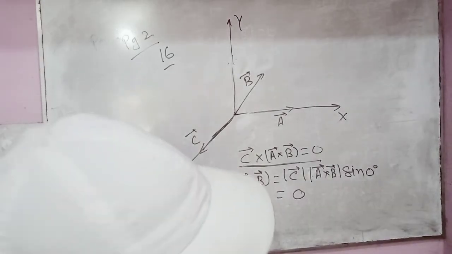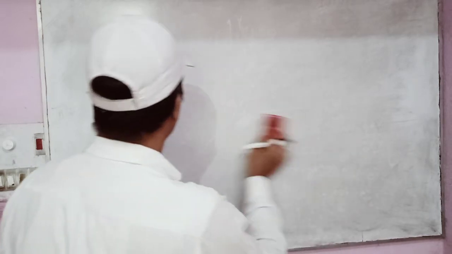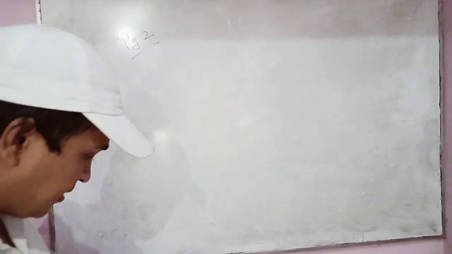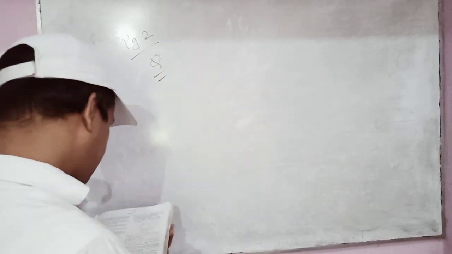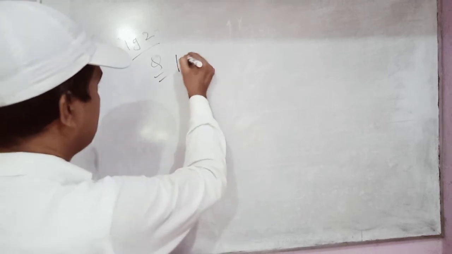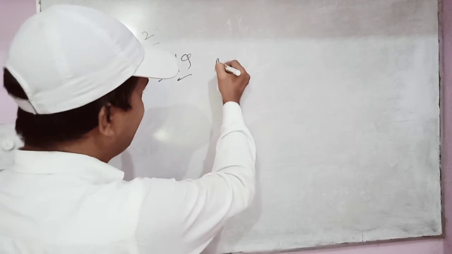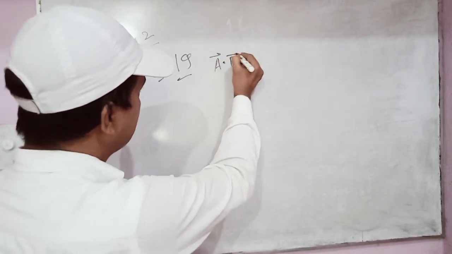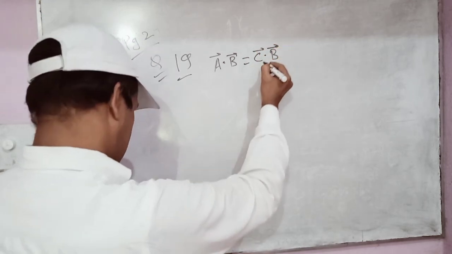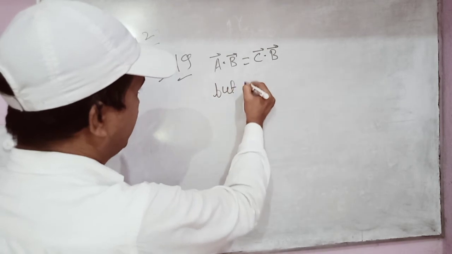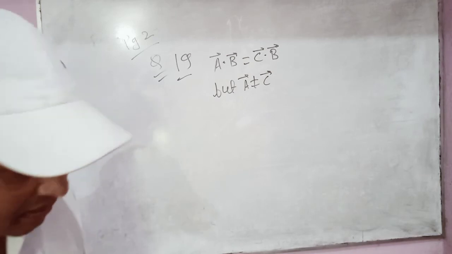Let us proceed to the next problem. This problem is also from page number 29, question number 19. The question says, give an example for which vector A dot vector B is equal to vector C dot vector B, but vector A is not equal to vector C. Let us take an example.